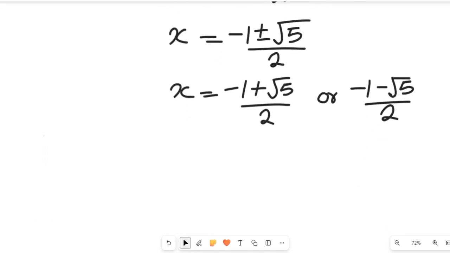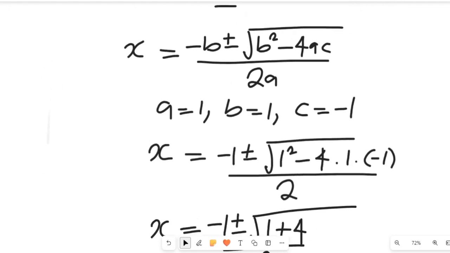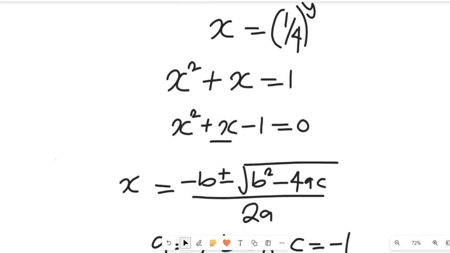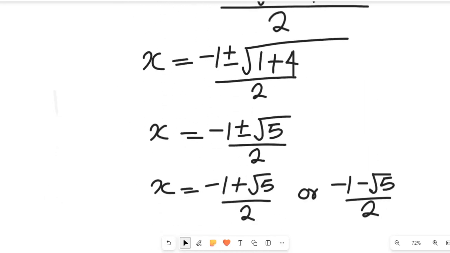So recall that from our initial expression, we made x equal to 1 divided by 4 to the power of y.